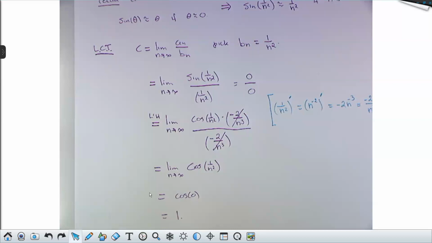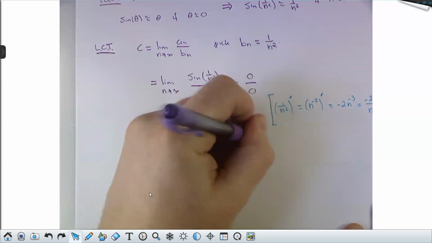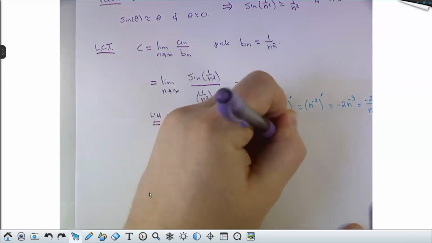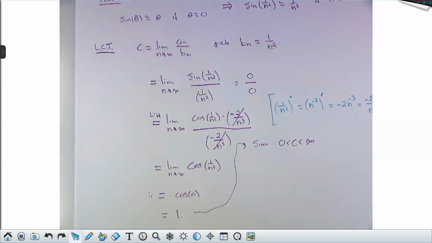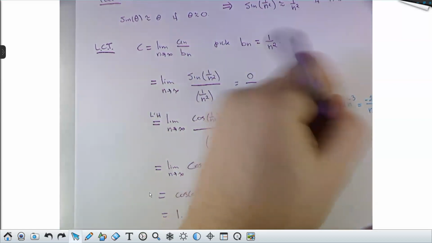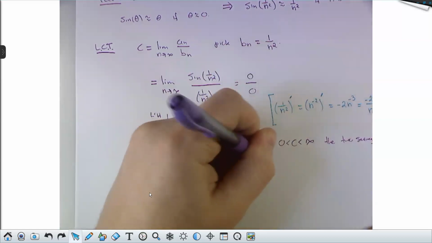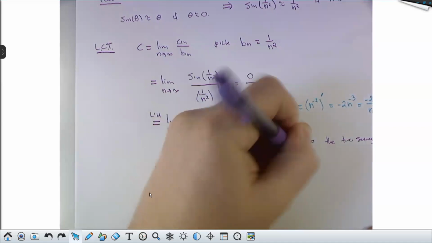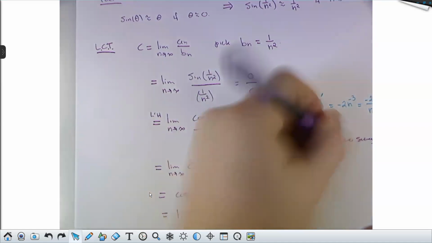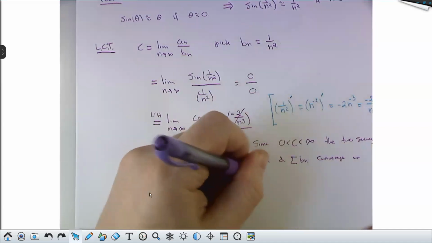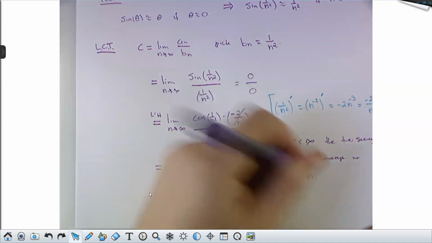This means, so I say it like this, since c is positive and finite, the two series sigma an and sigma bn converge or diverge together, right? They do the same thing.